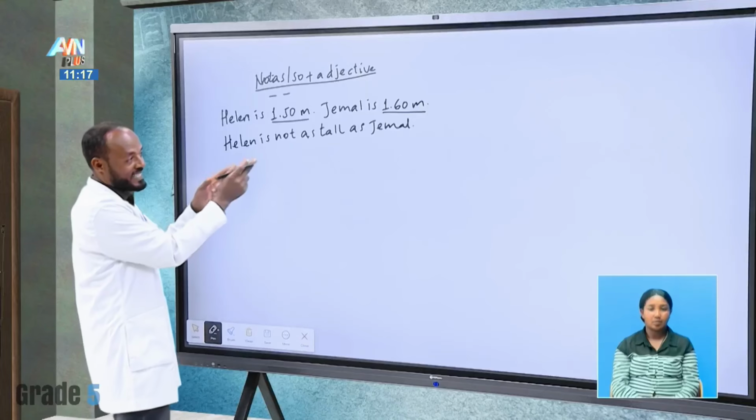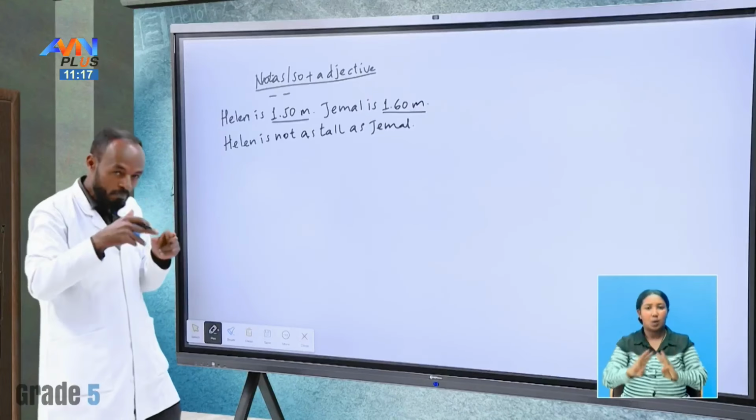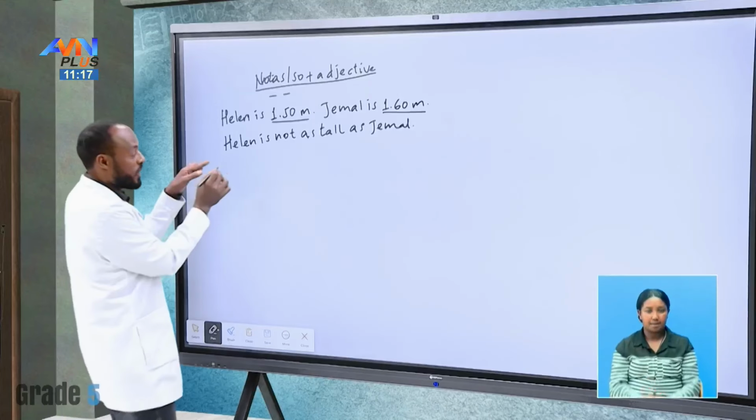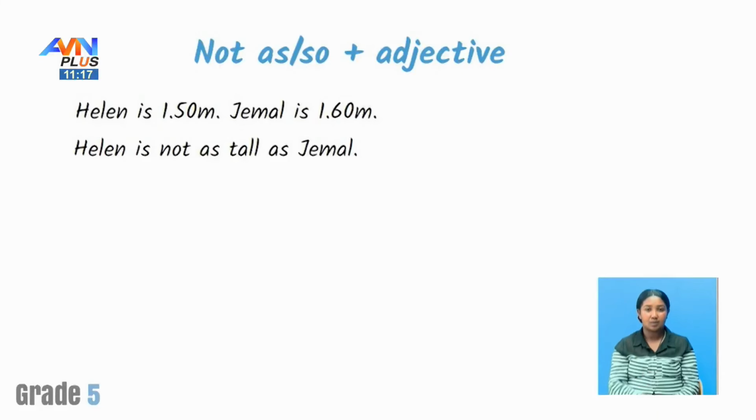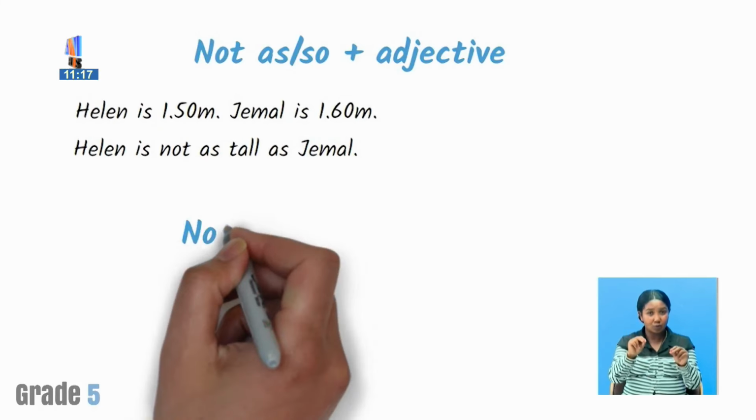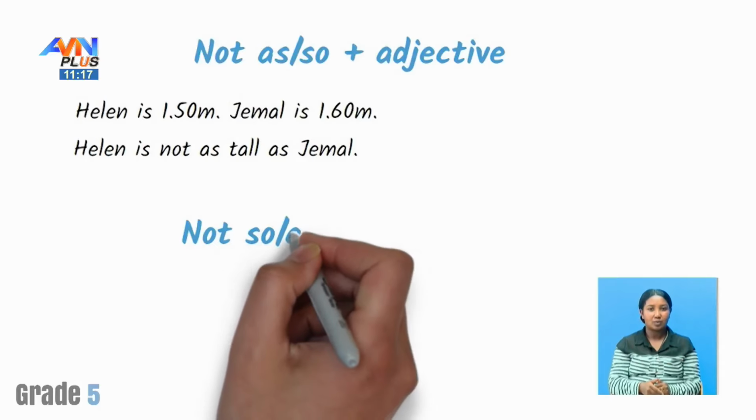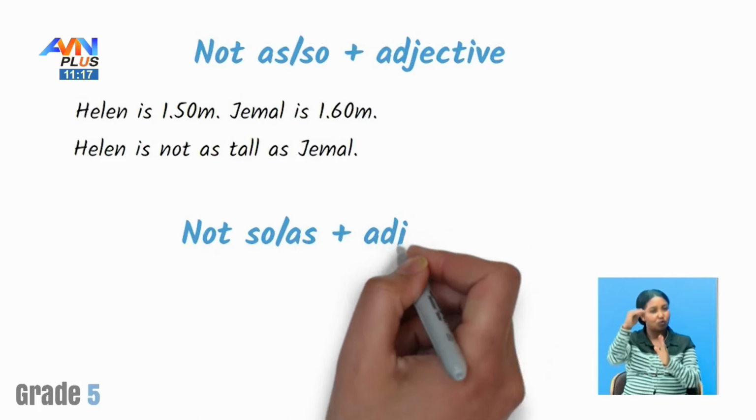And also we can write this sentence in another way with the same meaning. When we start from Jamal, Jamal is not so short, because we are changing the position.